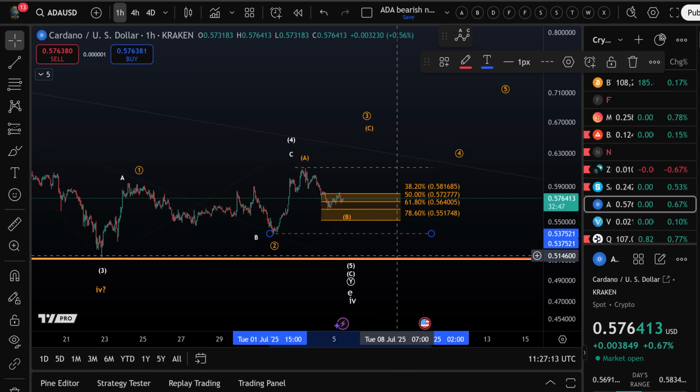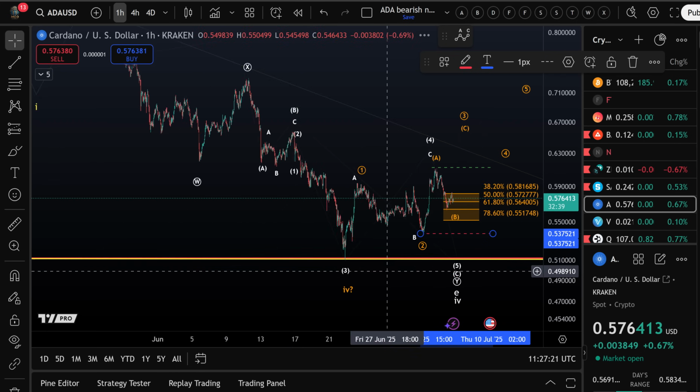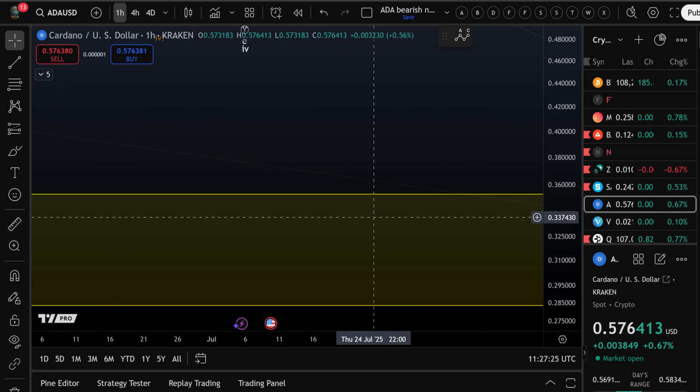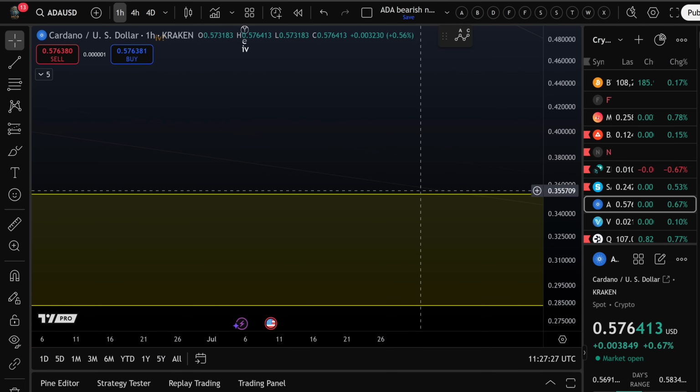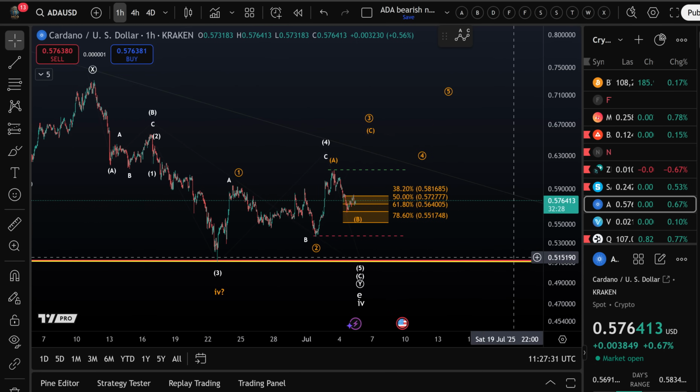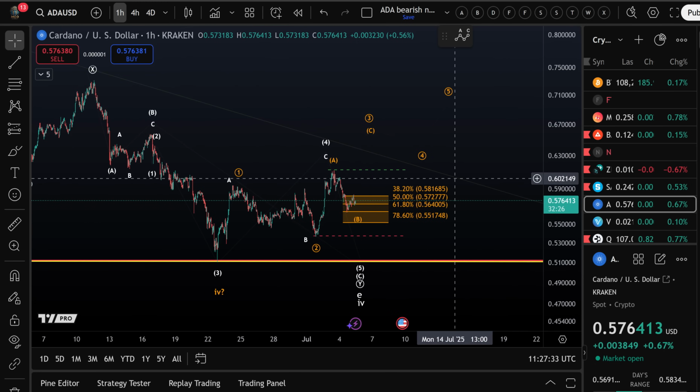That would be invalidation then, and it means we're likely going to test the area around 29 to 35 cents, this area here, which the price already tested in September, October, November last year.